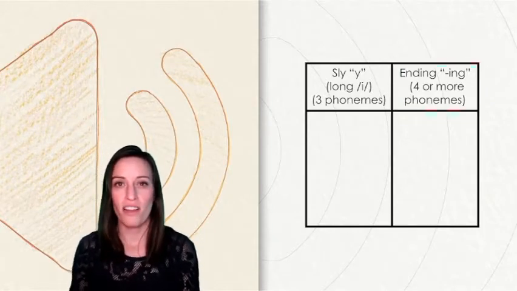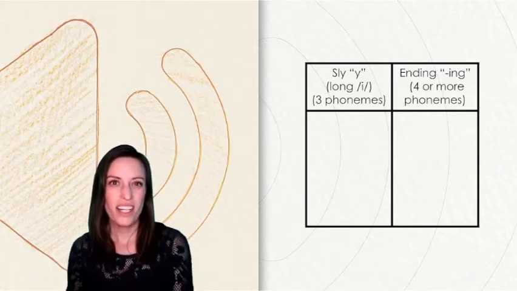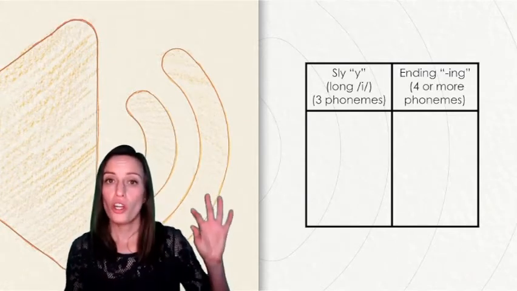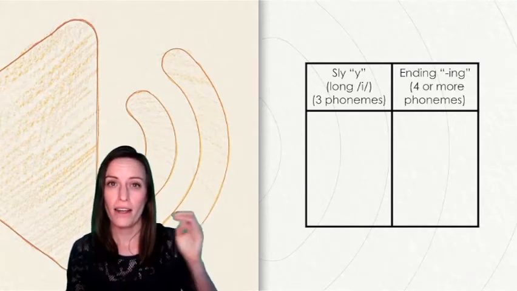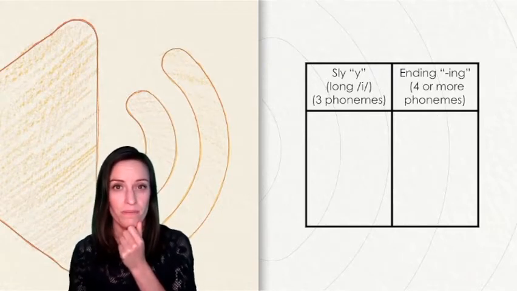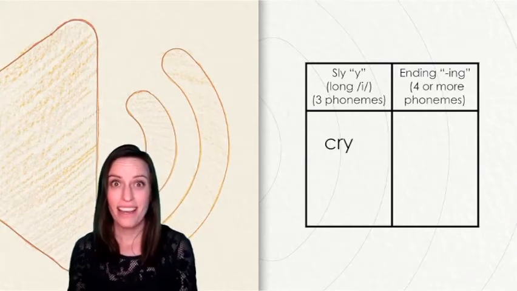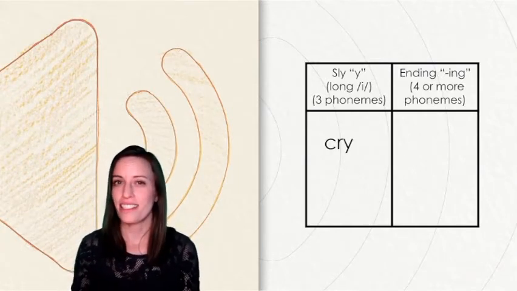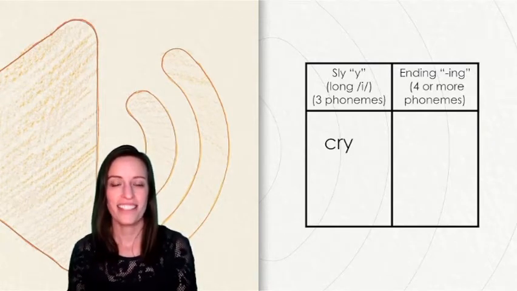Let's try one together. The word is cry. You can tap that out with me. C-R-I, cry. Which column do you think it belongs in? I agree. You can see that the word cry has the sly Y at the end. All right, it's your turn. The word is spying.